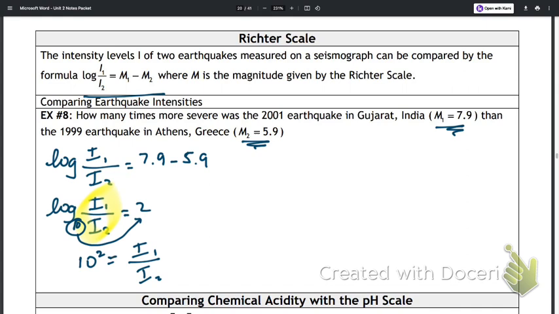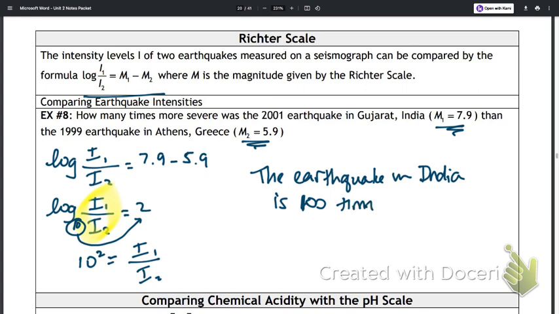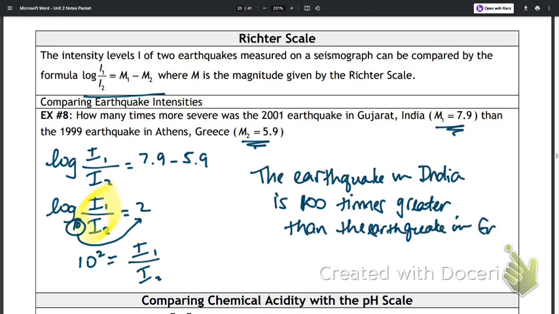So we would say that the earthquake in India is 100 times greater, because that's what 10 squared is, greater than the earthquake in Greece. Another way you could say it is that there's an order of magnitude of 2.